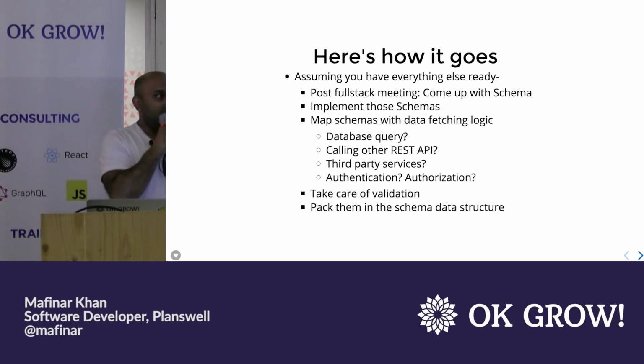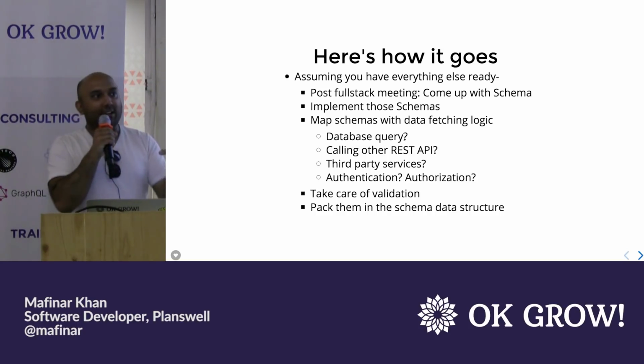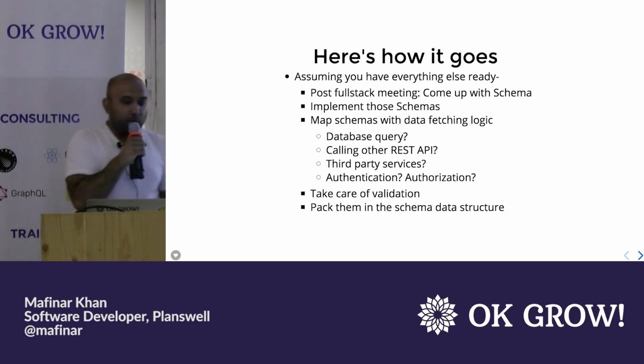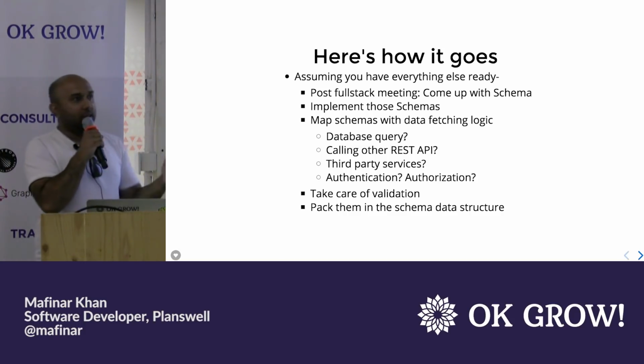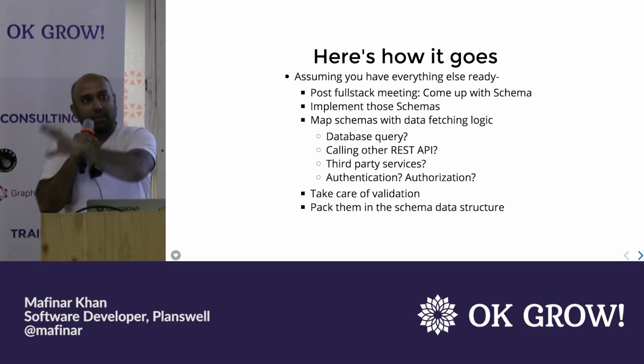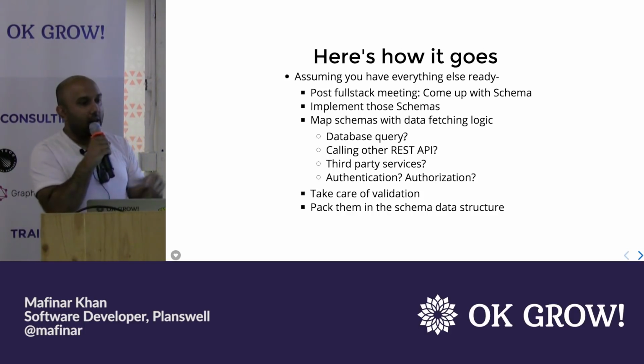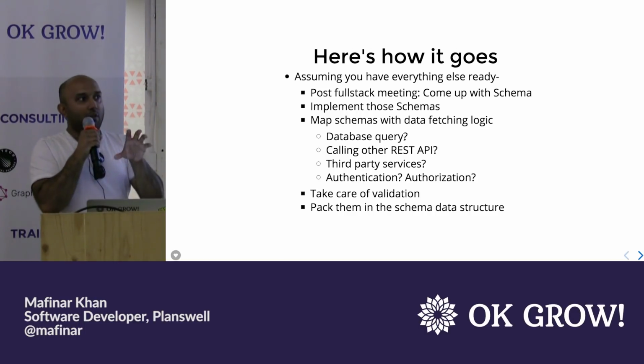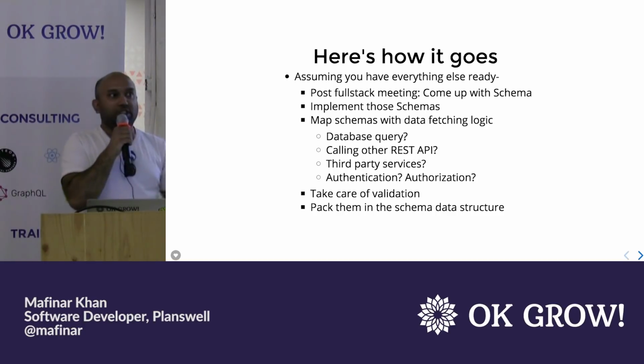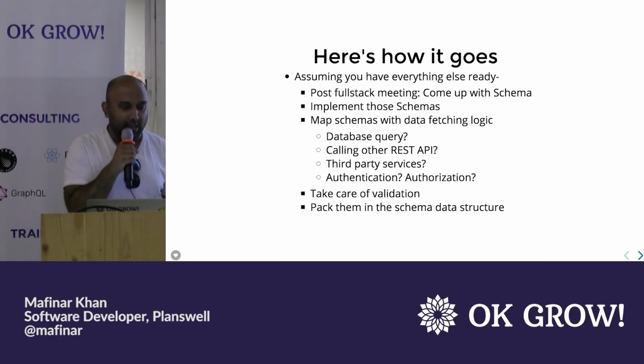But now you've got to write the Python or Go or whatever other language you're using, the code that actually does that, and then packs that data into the schema type and returns it. So pretty much in all the cases, this is the pattern. You create a schema type using a struct or class or records, whatever you have, and then define the queries. And those queries should have a resolver that goes on and changes the data or fetches the data.